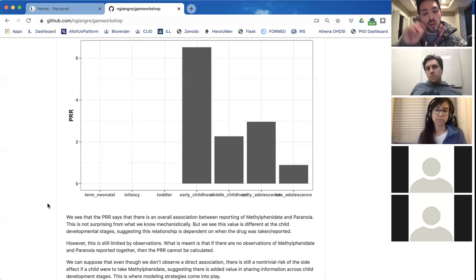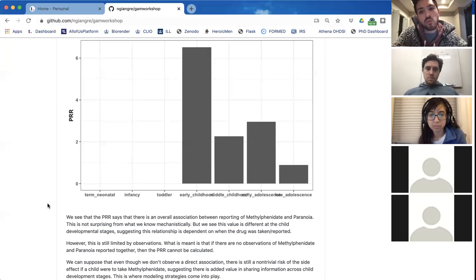Like Jocelyn was mentioning, there might be some quality issues with the actual drug prescription and the event reporting. And so if they're not reported together, there's some fuzziness there, and there still might be a risk of an adverse event, maybe not called paranoia, with the drug, methamphetamine or something like methamphetamine.